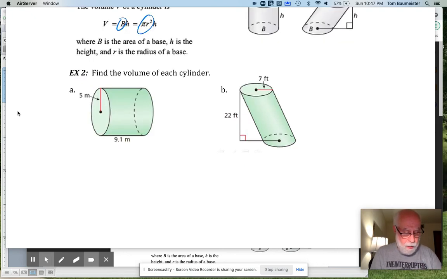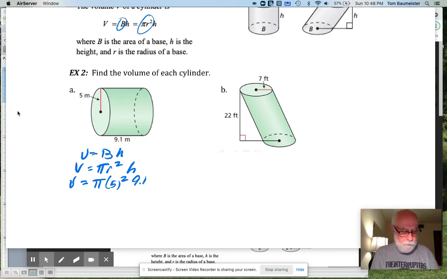Again, V equals B times H. In this case, B is pi r squared times H. Our r is 5, squared, times our h, which is 9.1, which will equal, and look to see if it says exact or approximate.